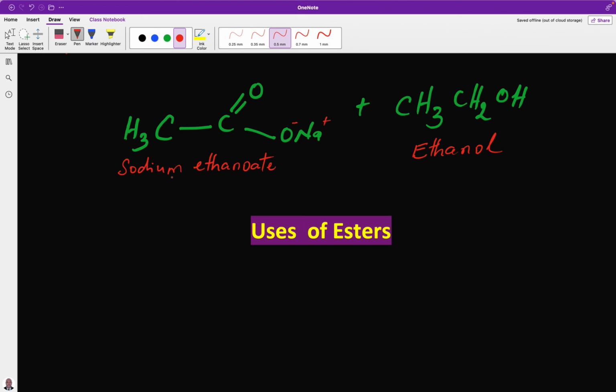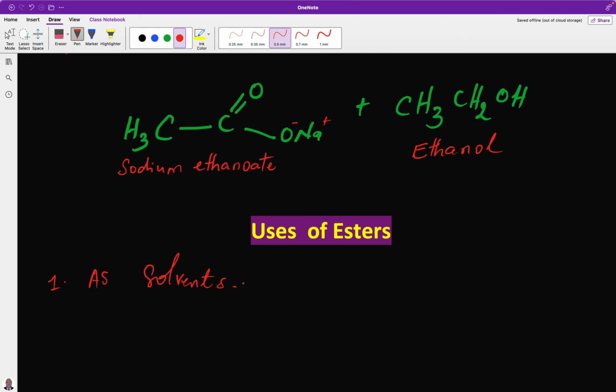Some of the uses of esters will include, number one, that they act as solvents.